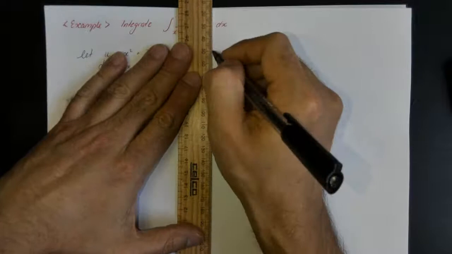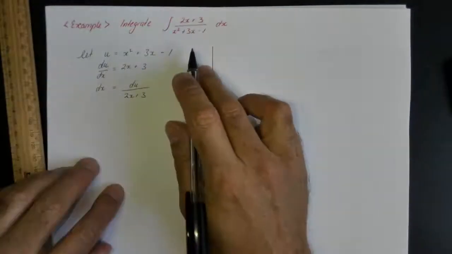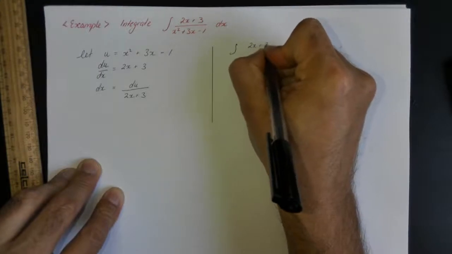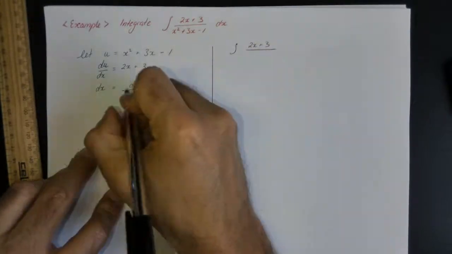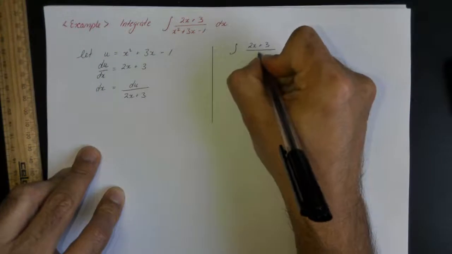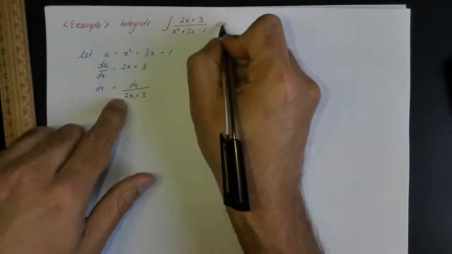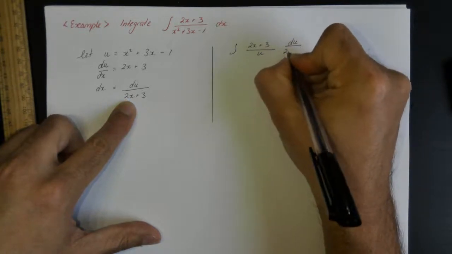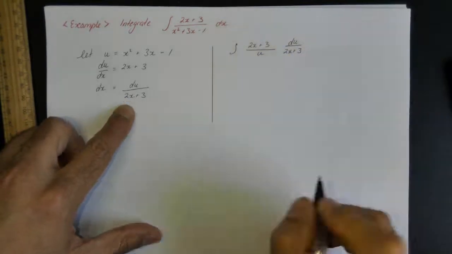So what it means is that the integral becomes 2x plus 3 over u, because this whole thing I've changed to u. And dx becomes du on 2x plus 3.